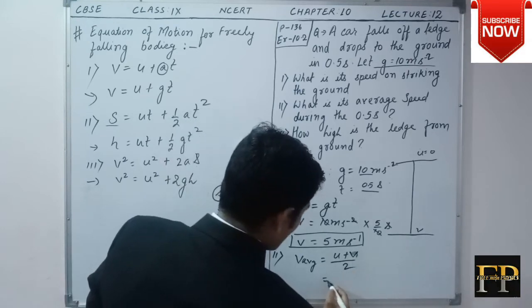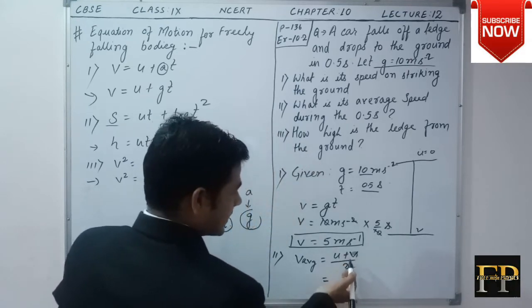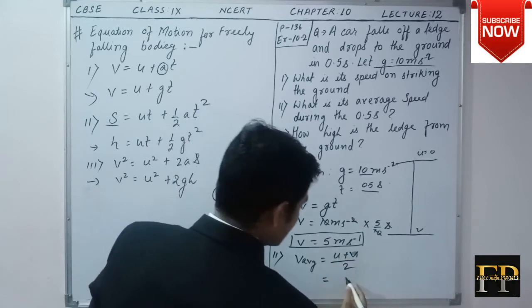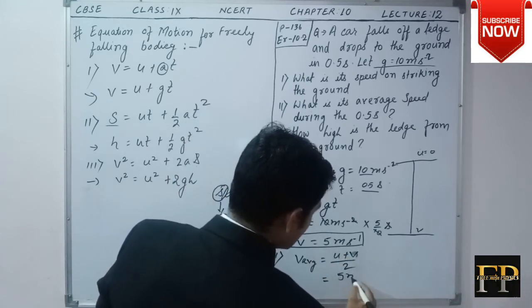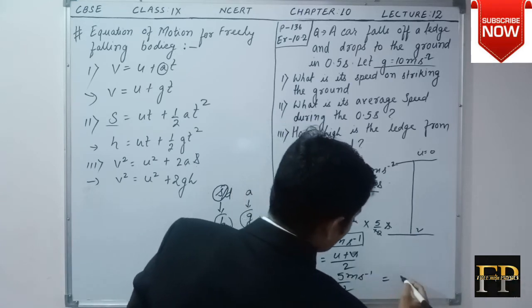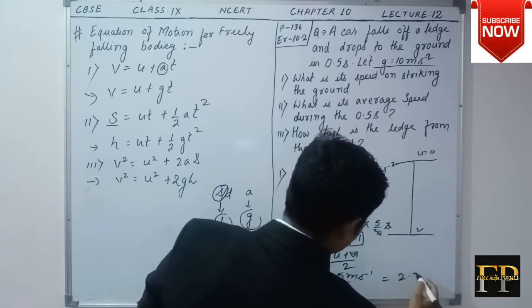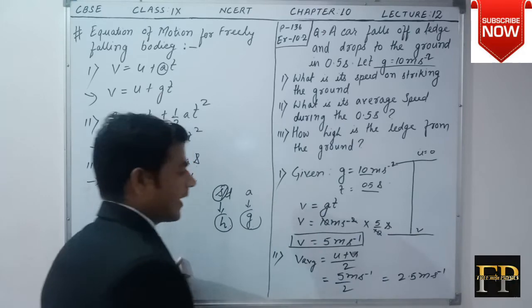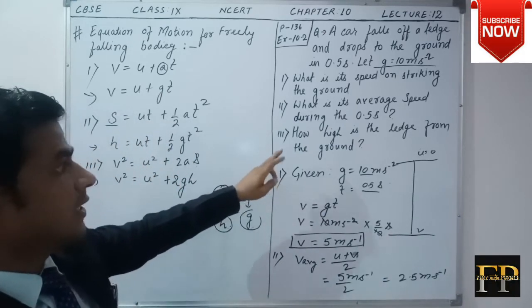That is 5 meters per second by 2, which is equal to 2.5 meters per second.